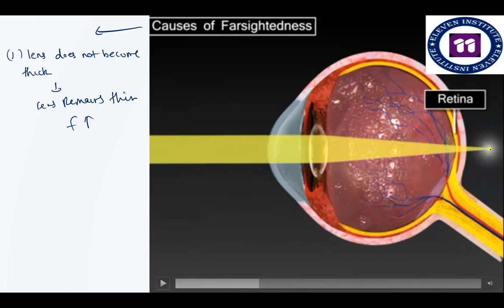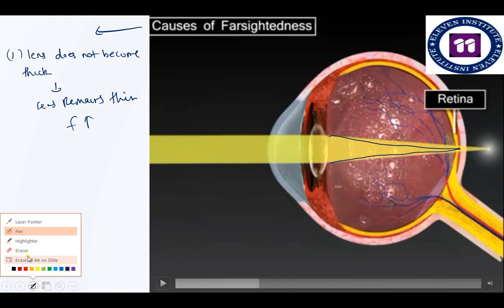Now if I want that these rays meet over here, they should meet before. So these rays should be converged more such that the image is formed on the retina. So we need convergence over here, and for doing convergence we have to provide a converging lens or convex lens to solve this problem.